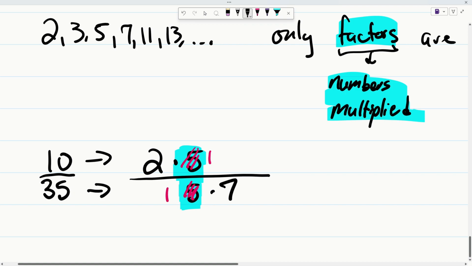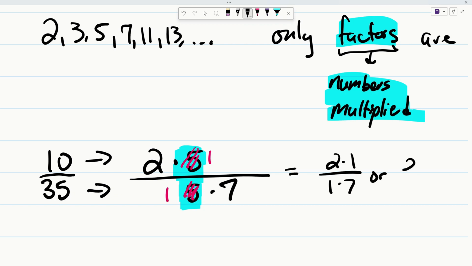So really what we have is 2 times 1 over 1 times 7, or 2 over 7. Yes, every single fraction that you've ever seen can be broken down into prime factors, and then using equivalent fractions, what we just learned, you can quickly simplify them.